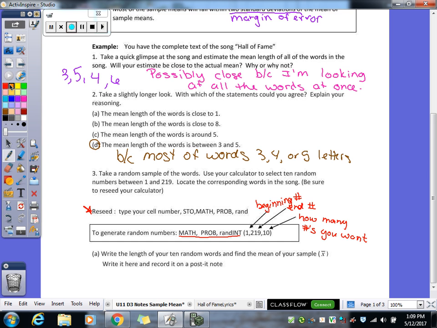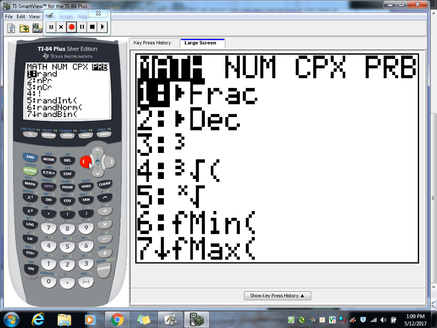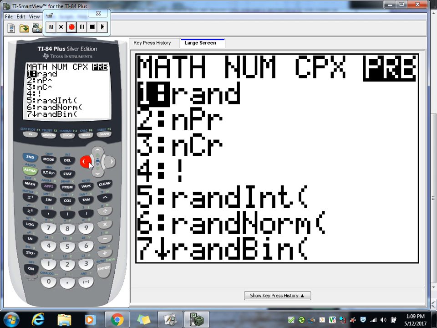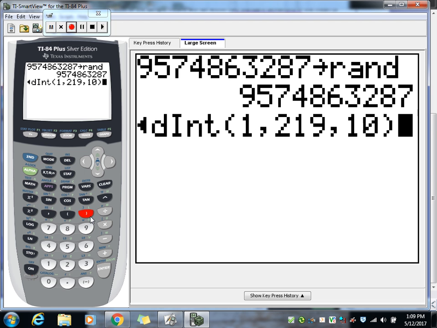So let's do this in our calculator. So it's math over to probability. And then we want the random, so rand integer. So that's choice 5. So then we have to type in there 1, comma, 219, comma, 10.